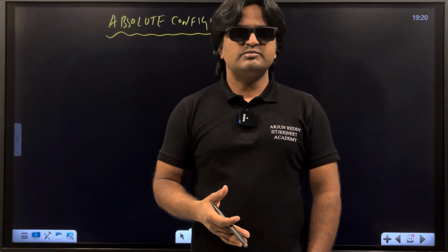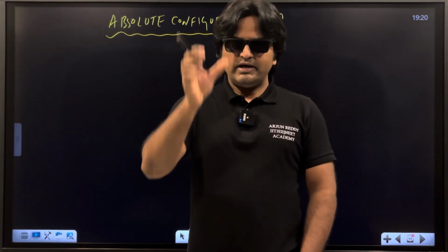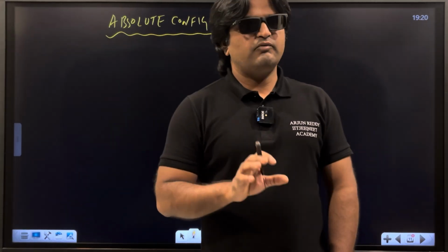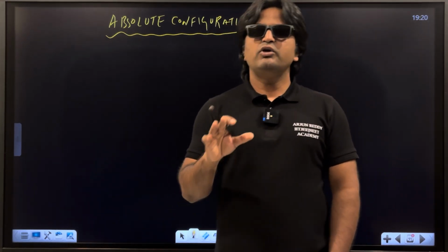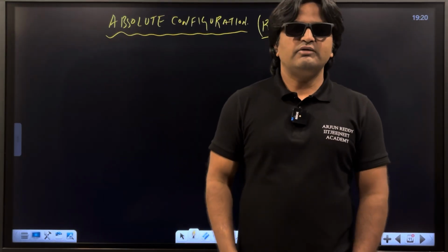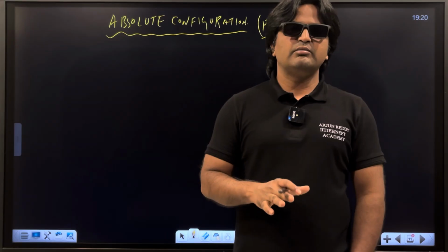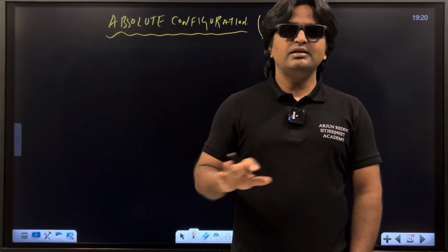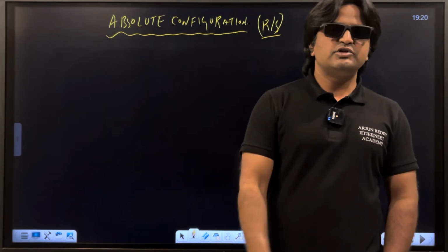So what is the meaning of absolute configuration? Basically, in the case of DL configuration, whatever the number of asymmetric centers present, that DL configuration provides information only about the bottommost carbon atom. That is not going to tell about the other carbon atoms. But in the case of absolute configuration, it is not like that. Whatever the number of asymmetric centers present in the given molecule, that provides information about all the asymmetric centers. That's why that configuration is known as absolute configuration.